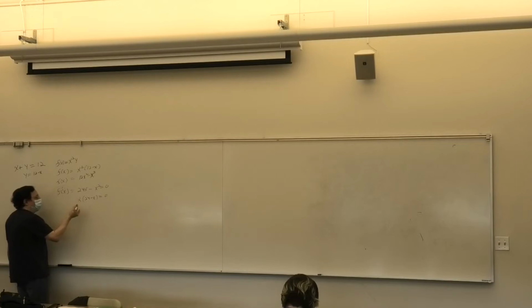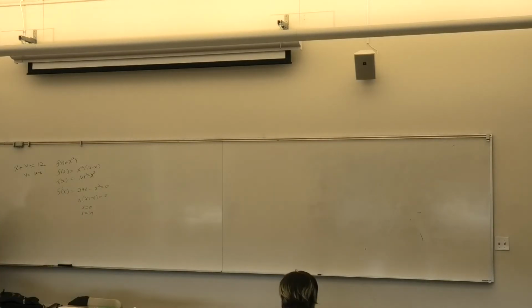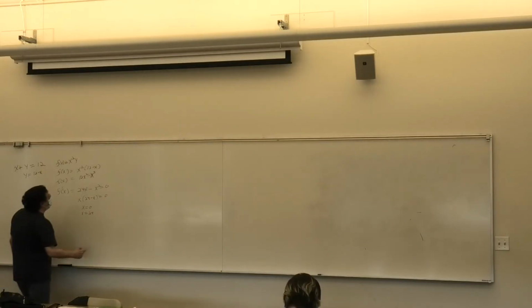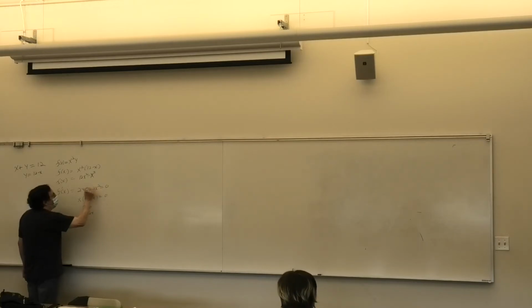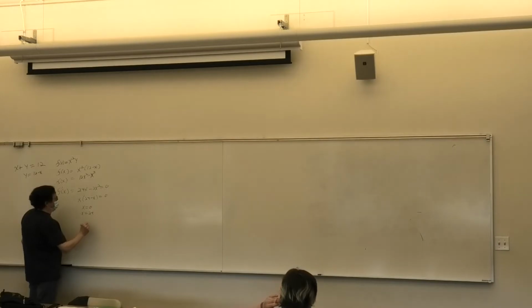So we know the minimums and maximums occur at x equals 0 and x equals 24. Oh, well, I did it wrong, didn't I? Thank you. 3x. So that's going to be where x equals 8.